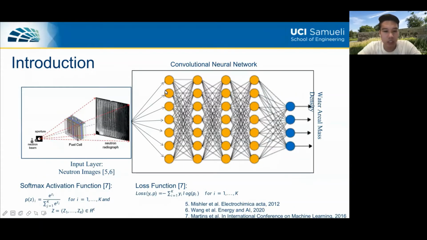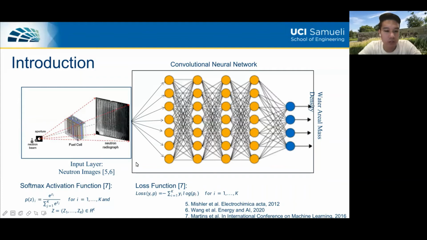And on this page, it shows how we use the neutron images to train the CNN model. First, we need to get the input layer, which is the neutron images. After we got lots of the images, we put the images into the convolutional neural network. After several layers, we can get the water areal mass density.